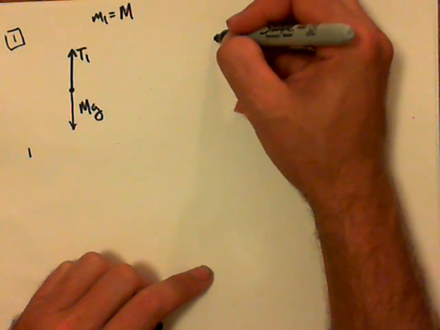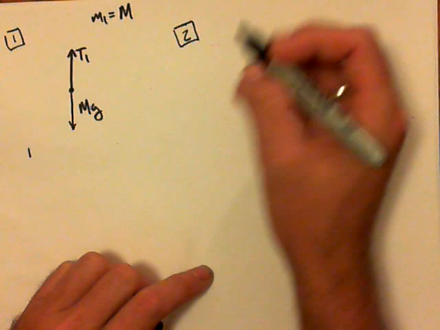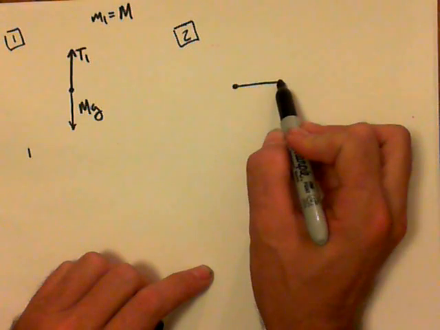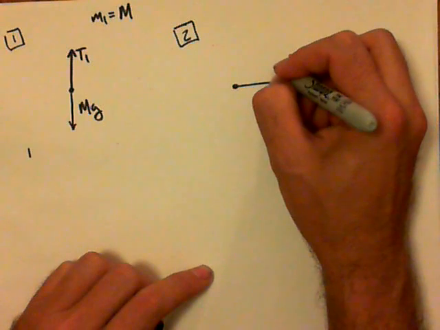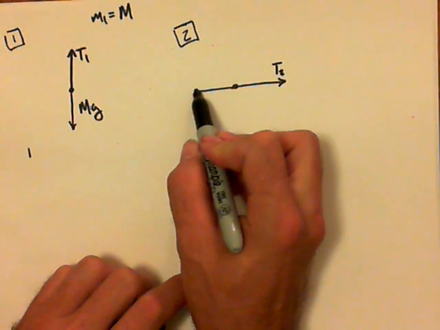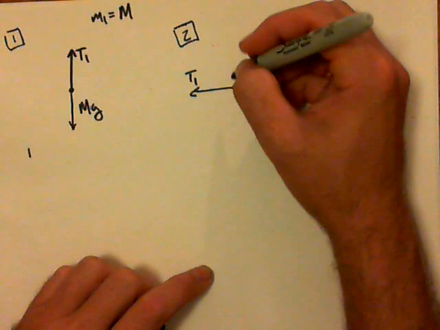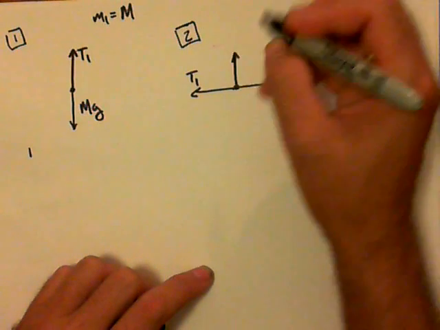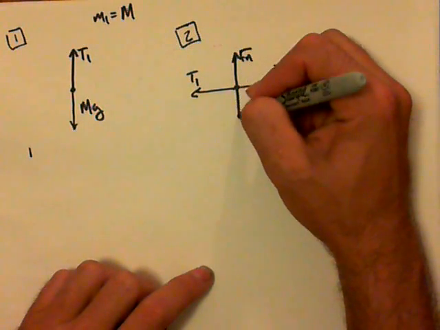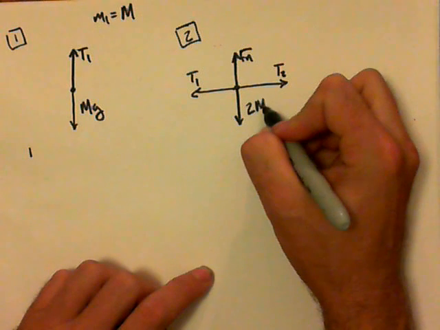So for block 2, we have the cable connecting to block 2, and the cable connecting to block 1, and then we have our normal force, and then we have our gravity in this one too, which is going to be 2mg.